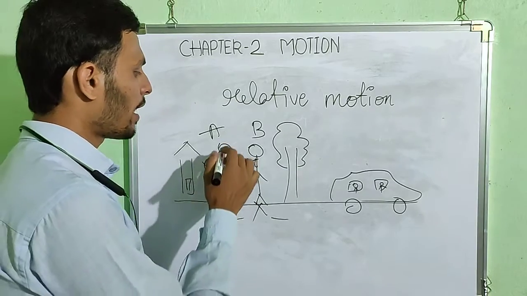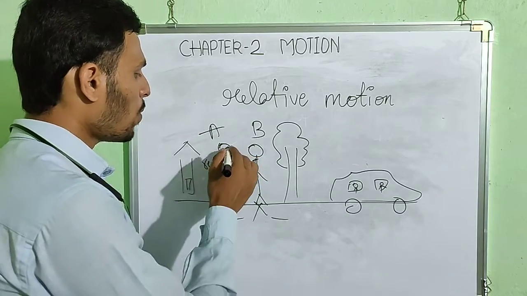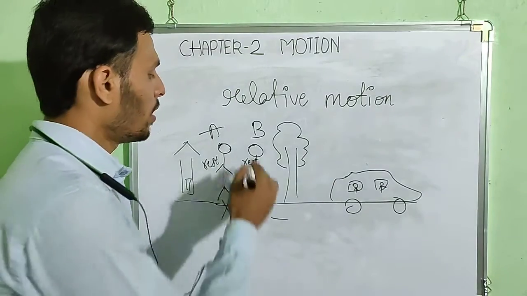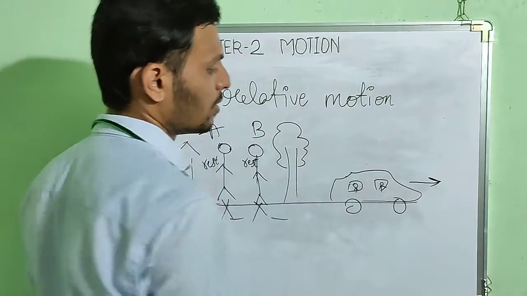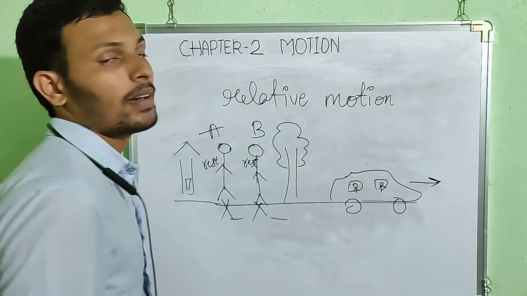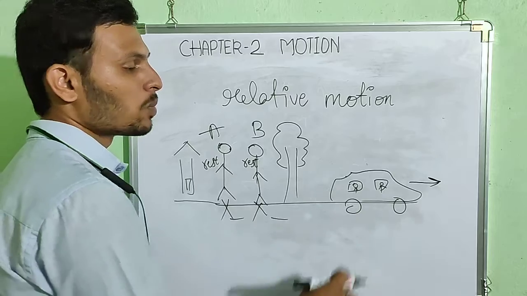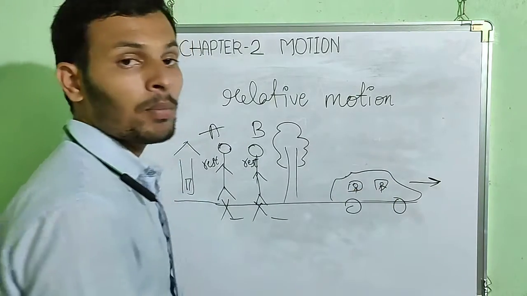Now let us see, even now my observer is A and he is seeing the car. He is observing the car which is moving in this direction. So according to him, the car is moving. Along with the car, the persons inside the car are moving.